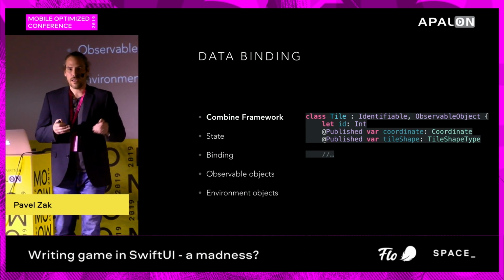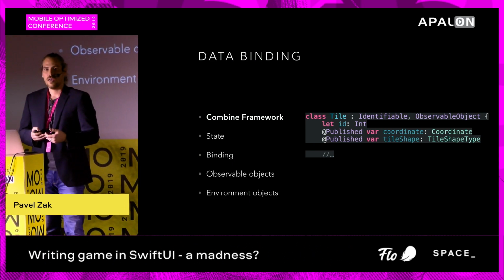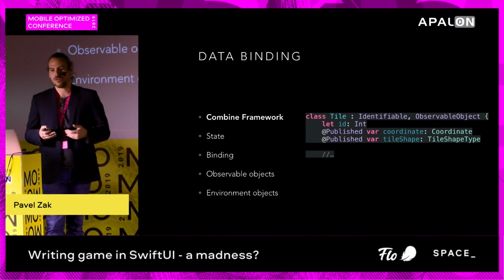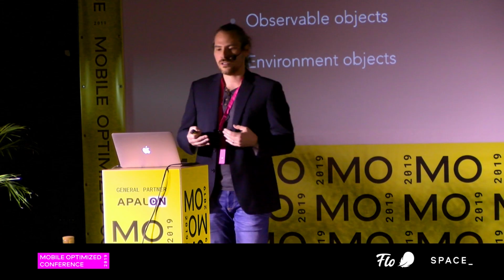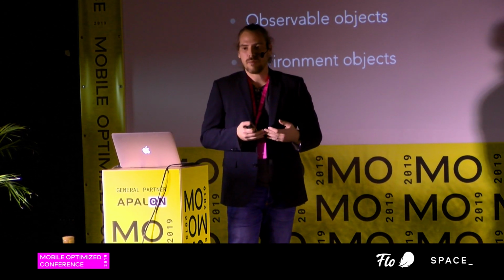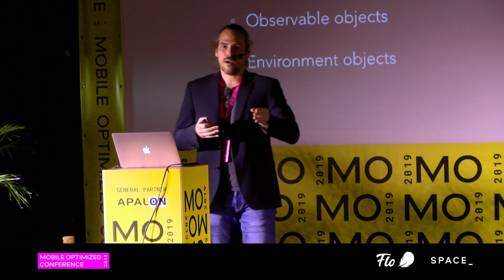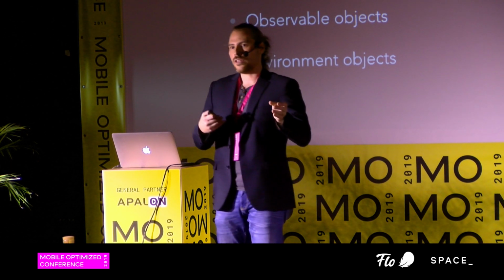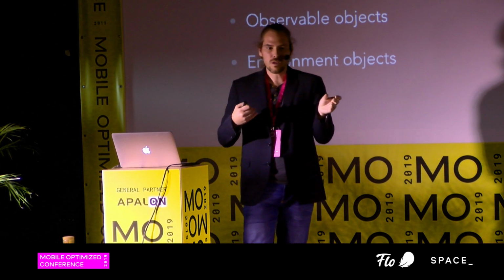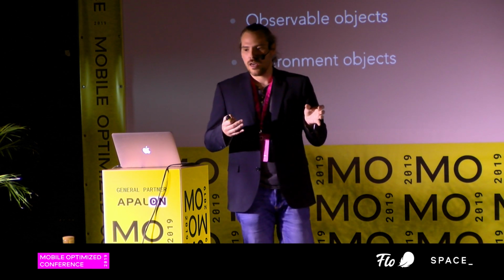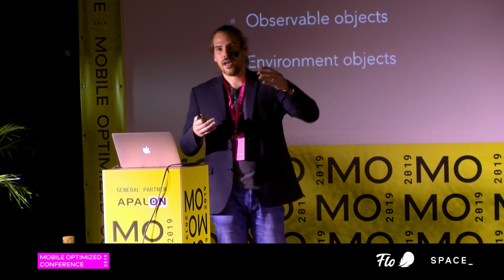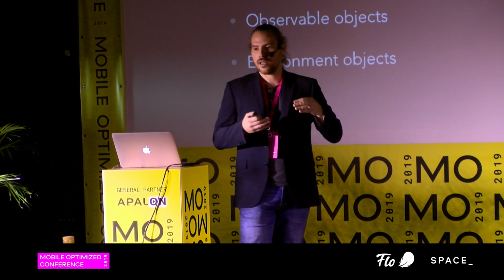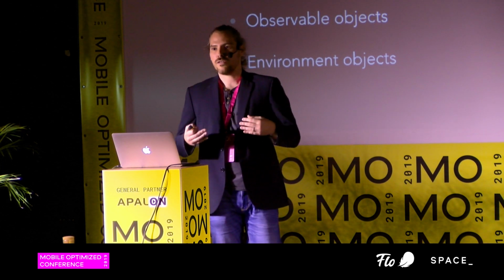What is nice about using Combine is that you can get rid of a lot of boilerplate. You can use State for inner states of the view, or use simple bindings to bind some simple value to some value within your UI. Or for more complex objects, you can set them as observable objects, and just by marking any attribute of this object as published, you get all the functionality you want.